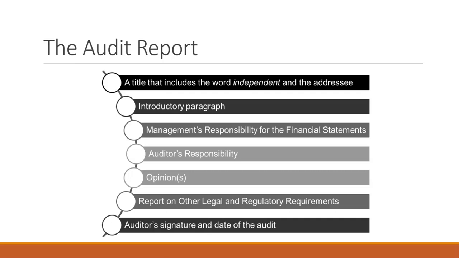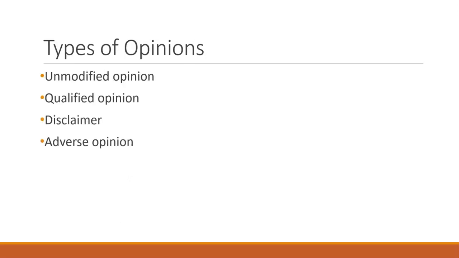Okay, but the main thing being that opinion, and is the opinion going to be that yes, they are fairly presented financial statements, or no, they're not for these reasons. So we have these four different types of opinions: unmodified, qualified, disclaimer, and adverse.